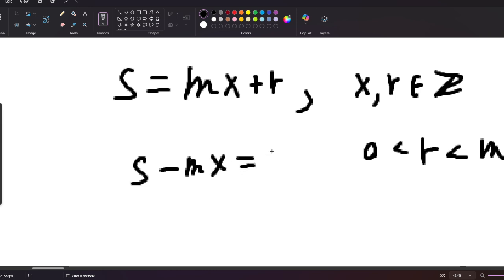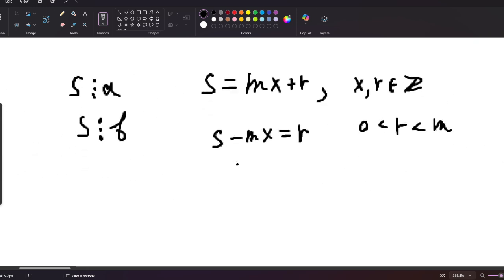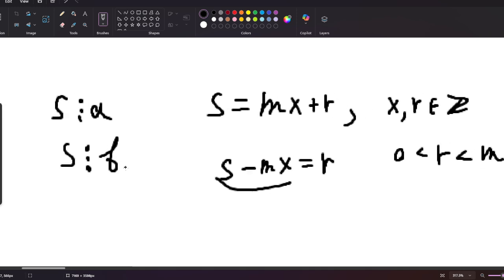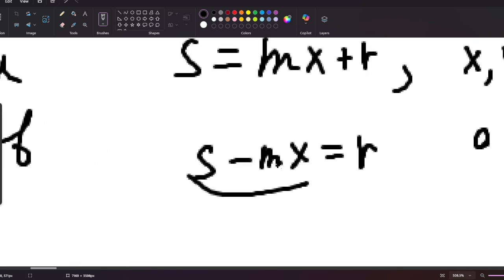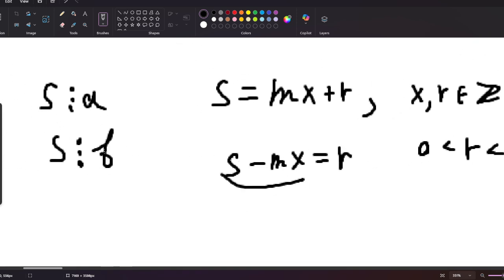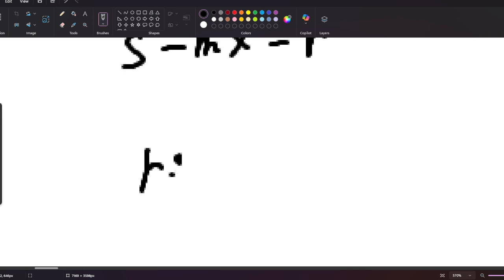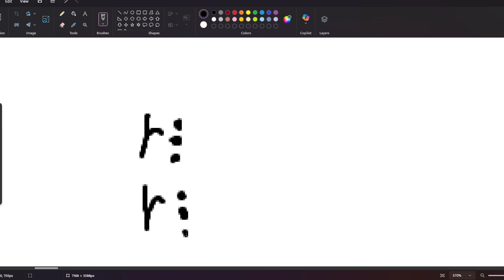s minus mx equals r. Now the thing is, both of these things are going to be a multiple of a and a multiple of b, because m is the lowest common multiple of these things, and s is defined to be a multiple of these things. That would suggest that r is also going to be a multiple of a and a multiple of b.